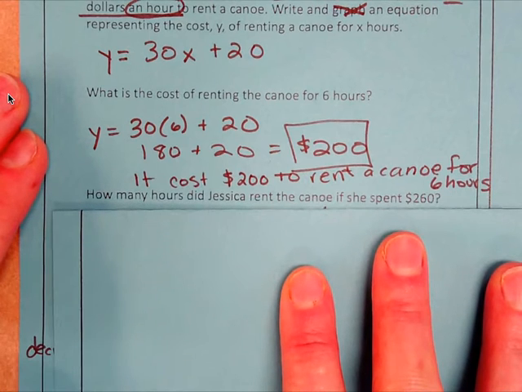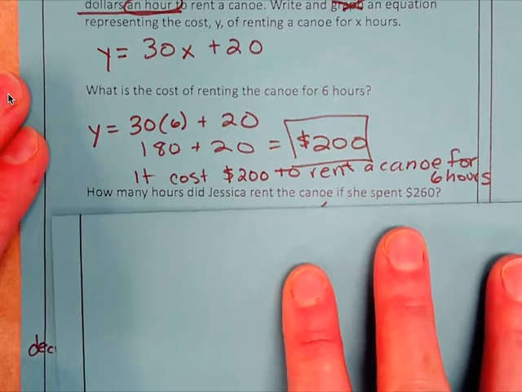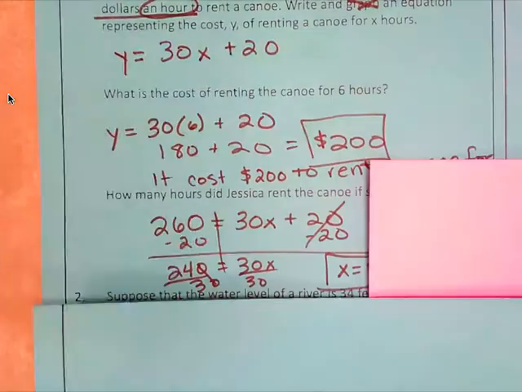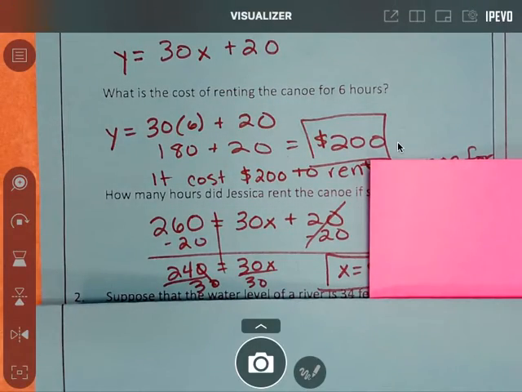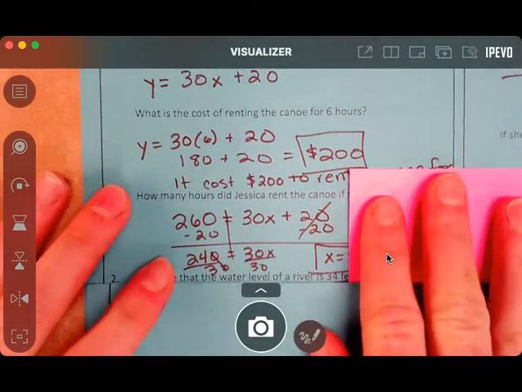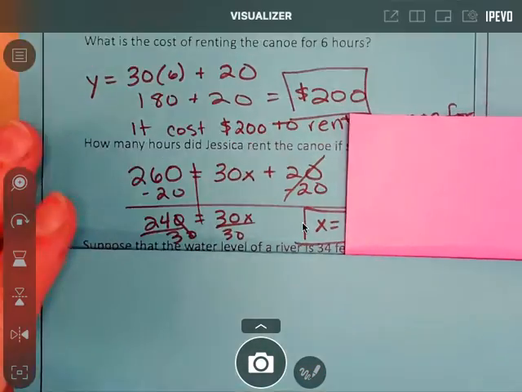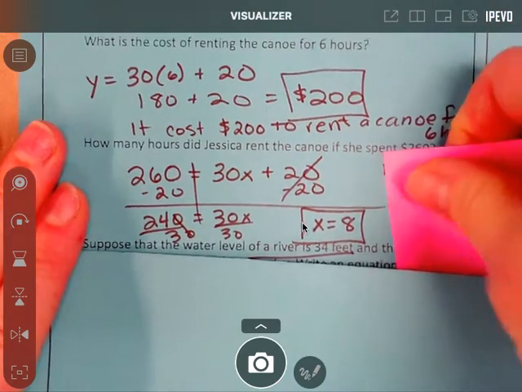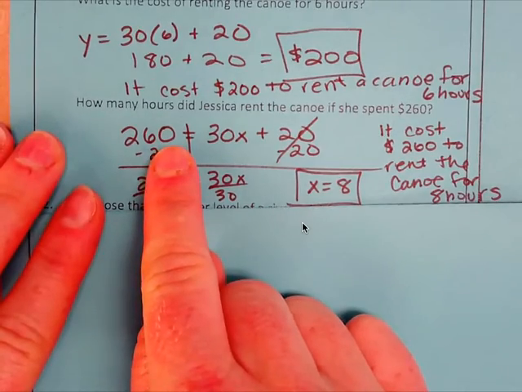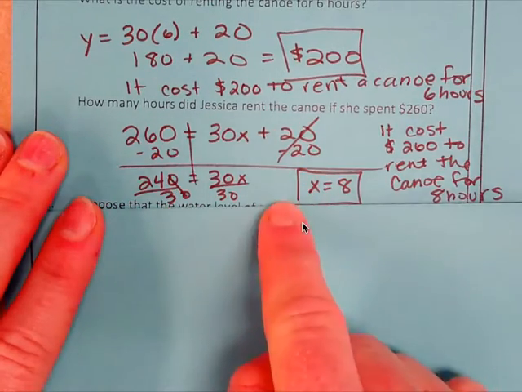Okay, the next one. How many hours did Jessica rent the canoe if she spent $260? So what I did instead of the guess and check method that I saw several of y'all doing was I actually plugged in the amount, the 260, and I solved it for the number of hours.